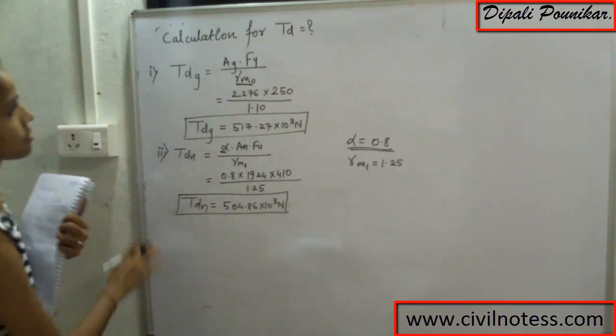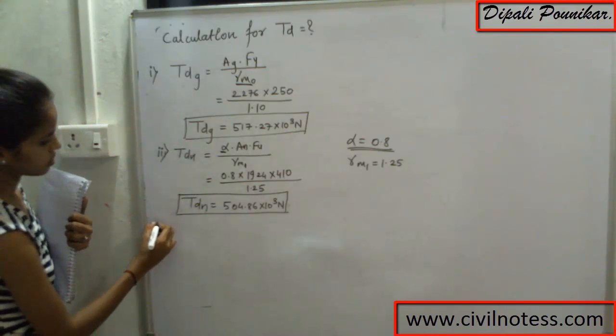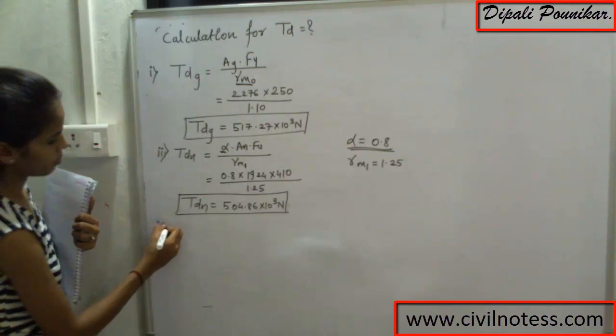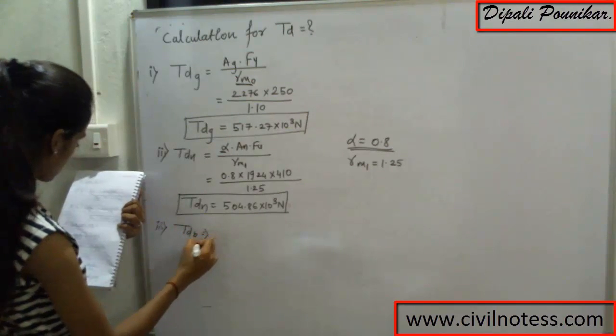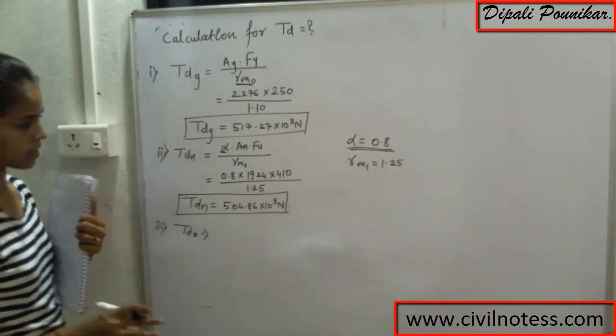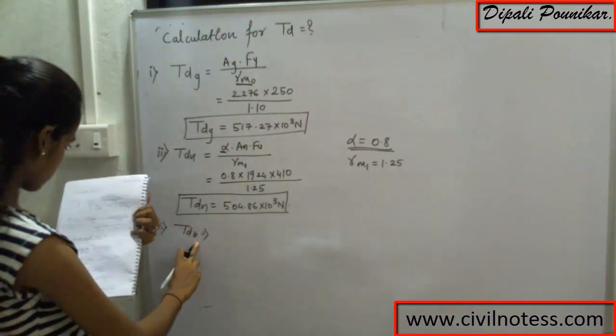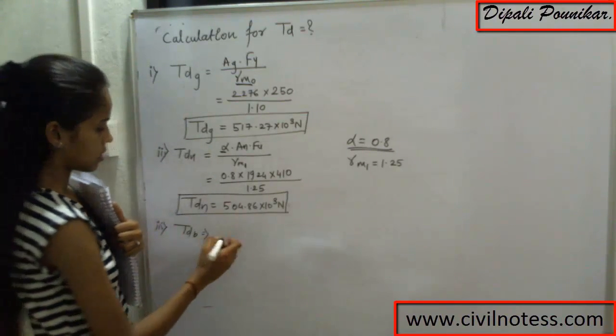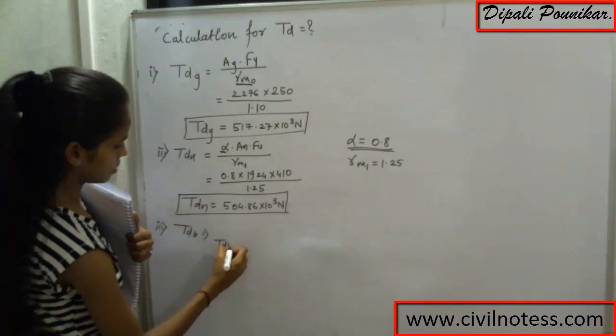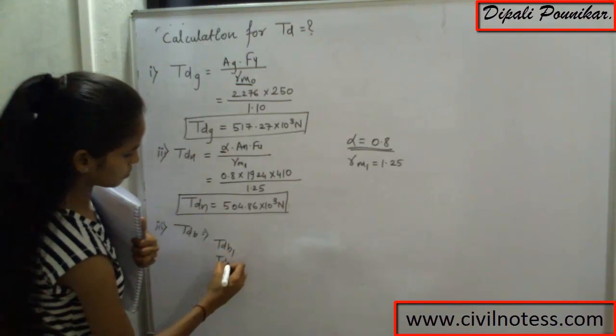The next one is the third formula, for TDB. TDB for single angle is given by two formulae on page number 33, that is TDB1 and TDB2.